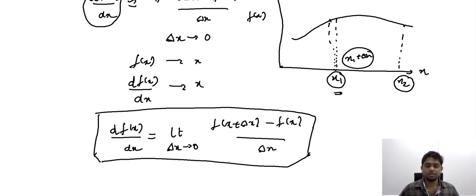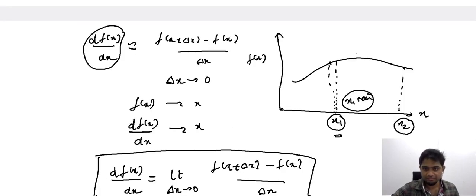Now when we do that, what essentially we have done is we have considered a curve and we want to see how this curve changes. We have considered a function, represented it in the form of a curve, and we want to see how this particular function changes with respect to the independent variable that dictates it.